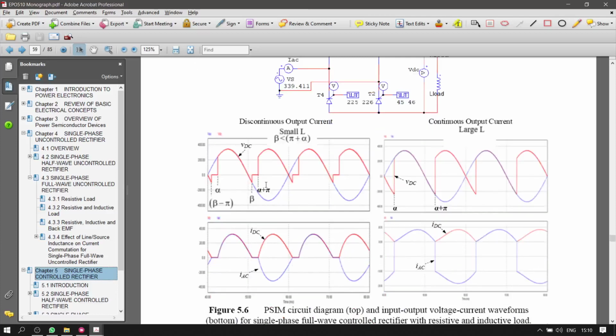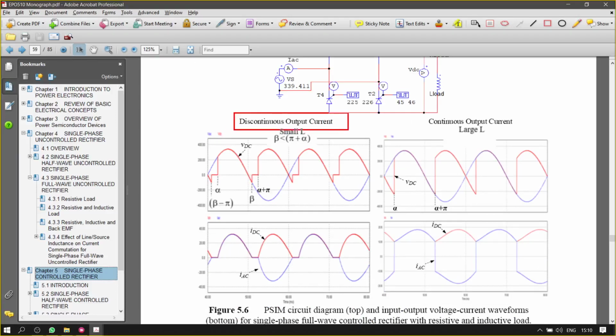Okay, here, if you look closely, there are two conditions, isn't it? The size of L will determine the shape of the waveform. If you have a large L, which is a highly inductive load, this L here is very, very large, that means your beta is higher than alpha plus pi.